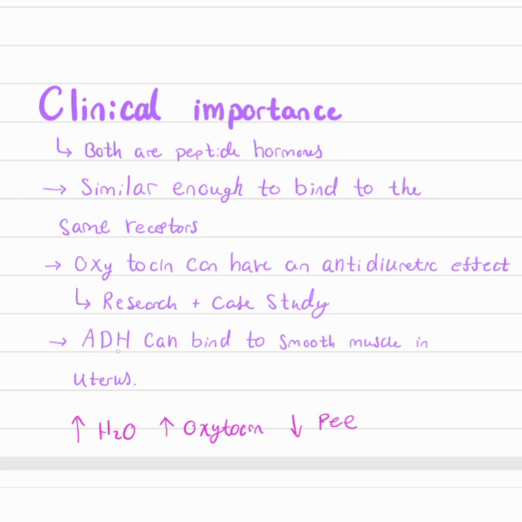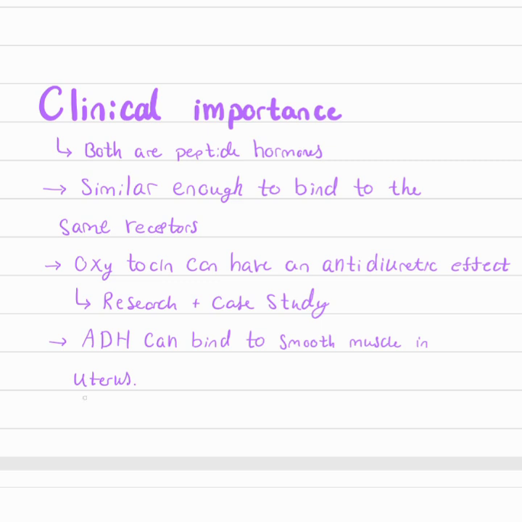And then also ADH can bind to smooth muscles in the uterus. So let's say you're pregnant and you're not drinking enough water, and so then you're dehydrated. Then ADH can actually, in theory, induce some uterine contractions.